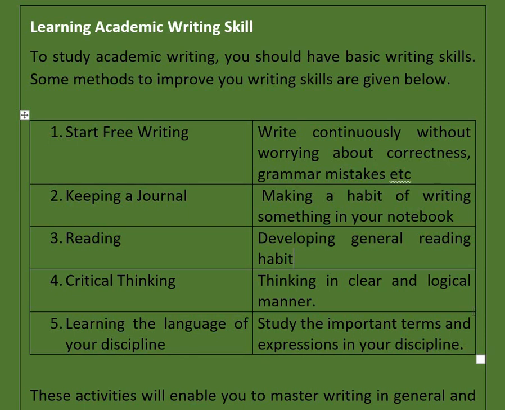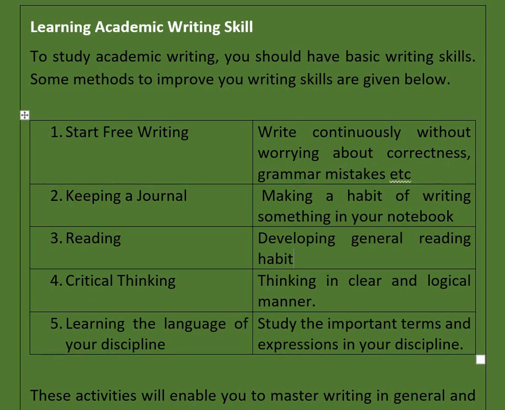Then learning the language of your discipline. Study the important terms and expressions in your discipline. Suppose you are an English literature student, then you should be studying terms in connection with BA English. Similarly, every profession, every discipline will have some terms and vocabulary associated with that particular topic.